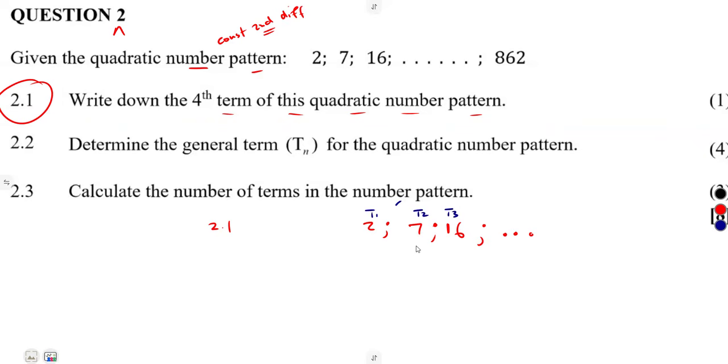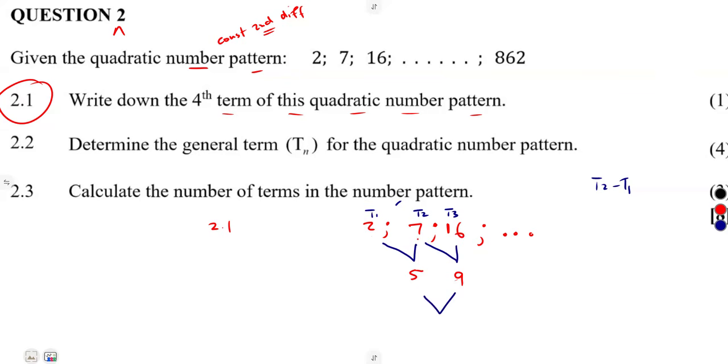So let's find the first difference, T2 minus T1, that's going to be 7 minus 2, which is 5. T3 minus T2. So take note, this one minus this one. That was going to give us a difference of 9. We have a 16. So that's our first differences that we have.